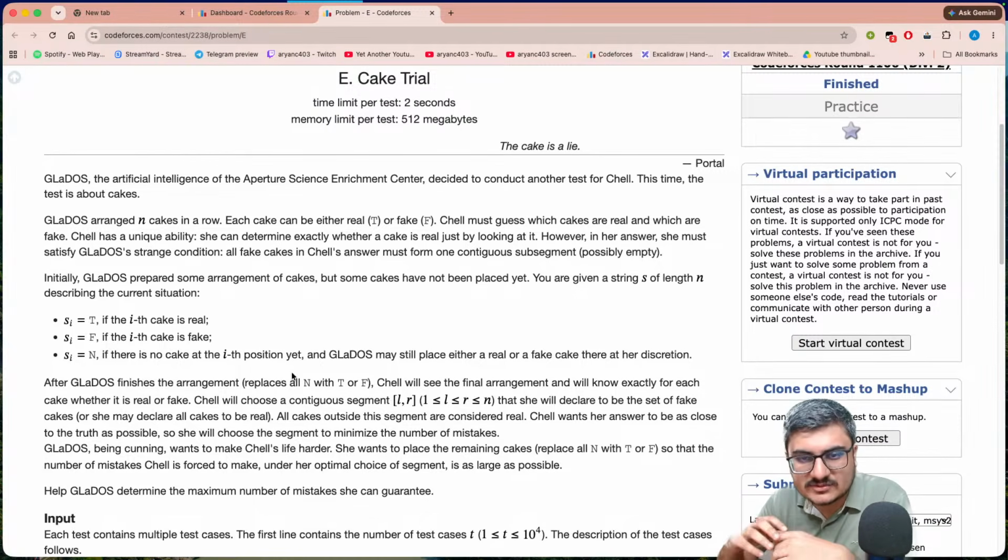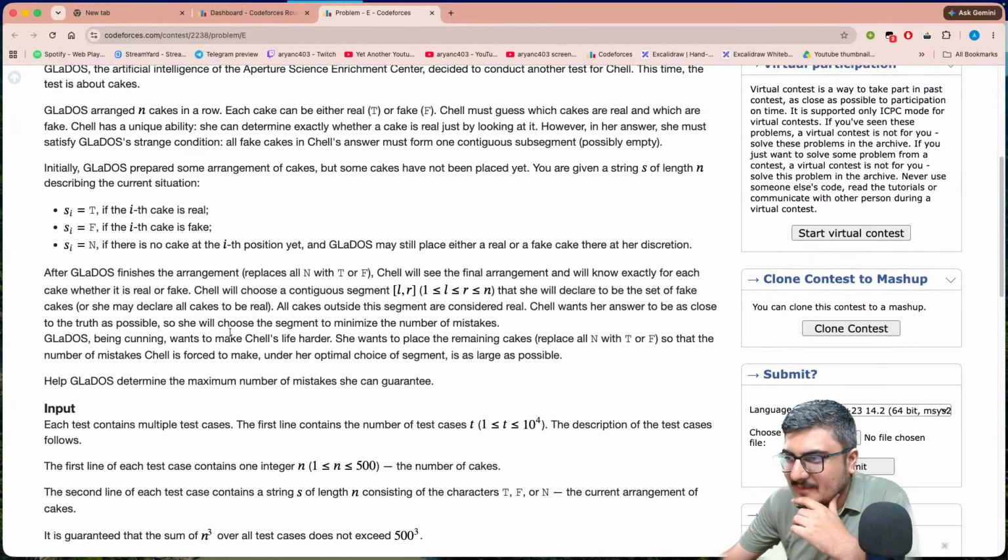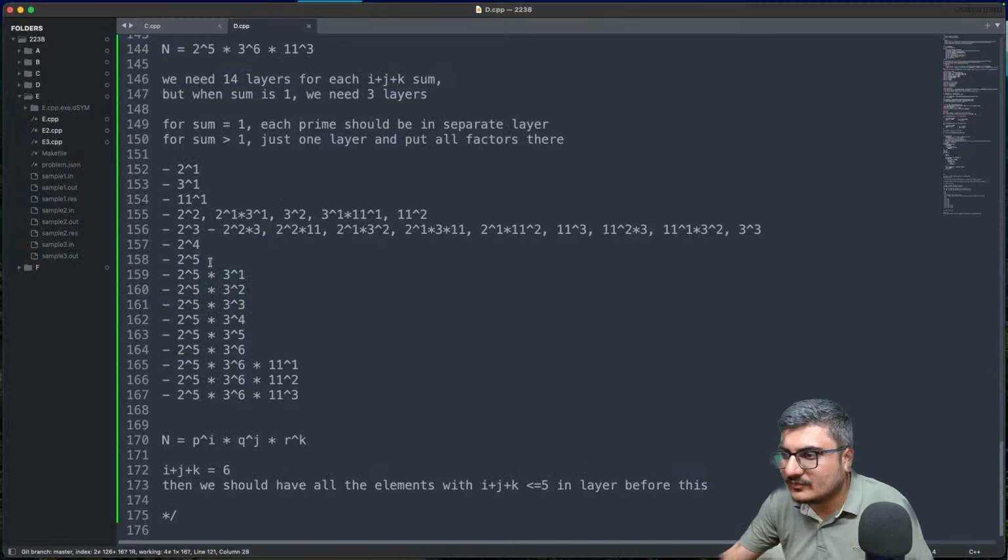First, we try to put some values for N so that we make each cake either a fake or a real one. And then we have another person, Sal, who will choose some range of the cakes and say that this particular range is fake cake and the remaining cakes are true. So we have cakes like this.